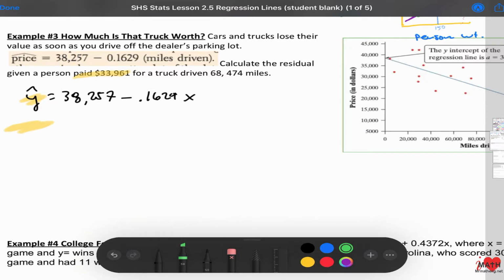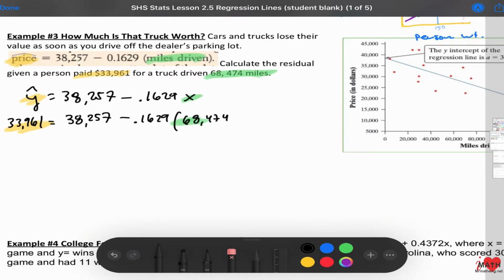They drove the truck, that's green here, 68,000 miles. Our predicted price is in yellow. Let's substitute that in. So I have $33,961 minus, 38,257 minus 0.1629 times 68,474.